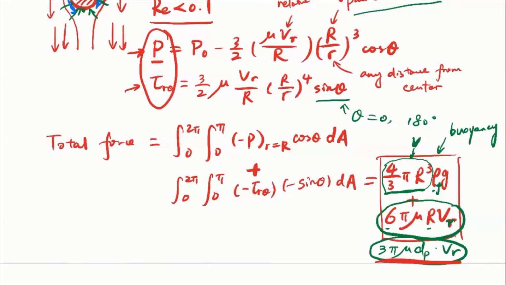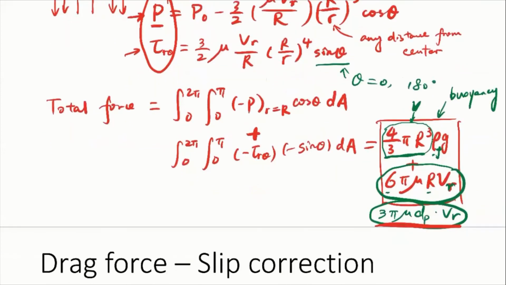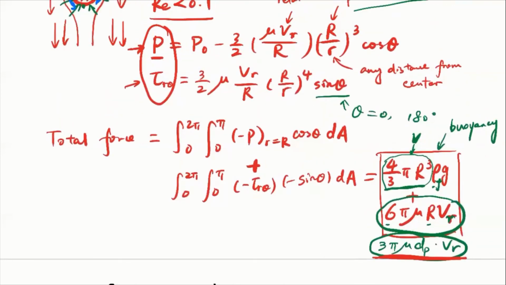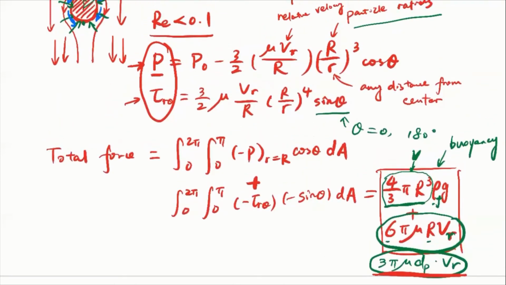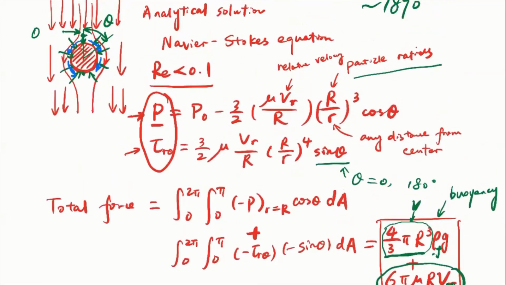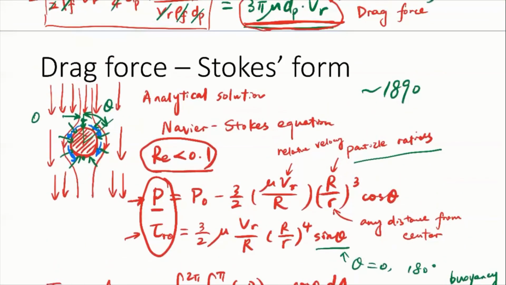So this is the central equation when we consider particle movement, right? Basically we find out that Newton's form and the Stokes form actually match each other in the laminar flow region, when the Reynolds number is below 0.1, okay? So again, if you consider the year here, it's still quite early, right?